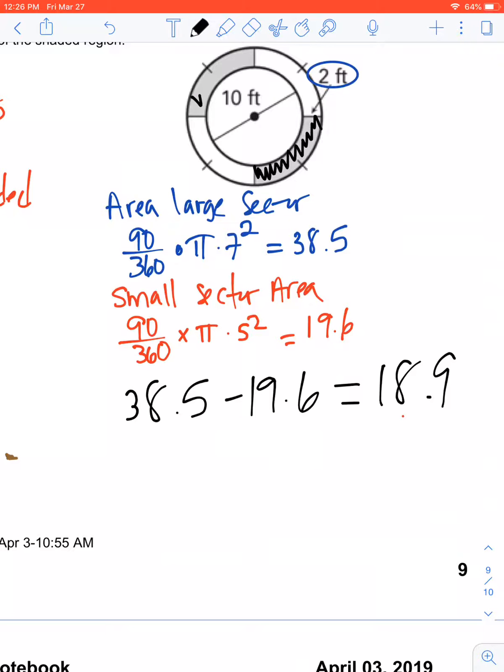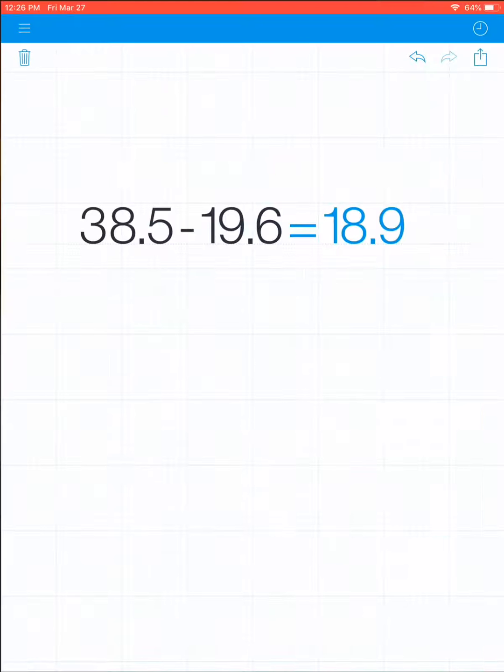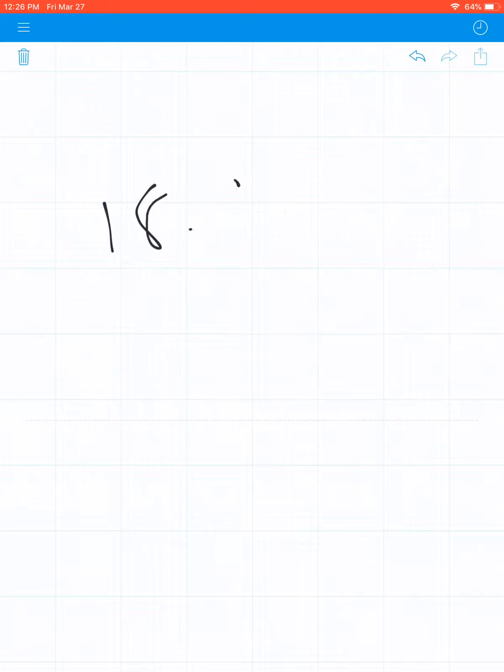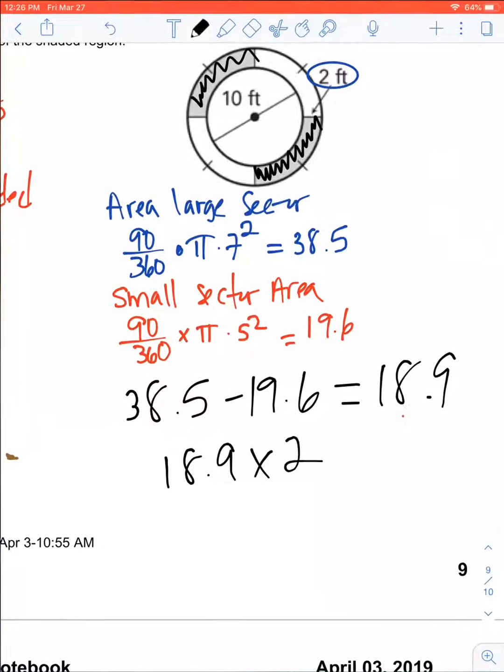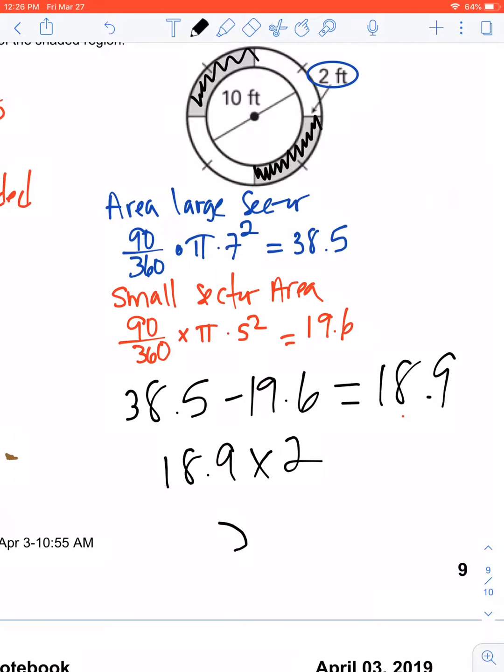In order to find the entire shaded region, we have to multiply that by 2. So I get a final answer of 37.8. And this would be square feet.